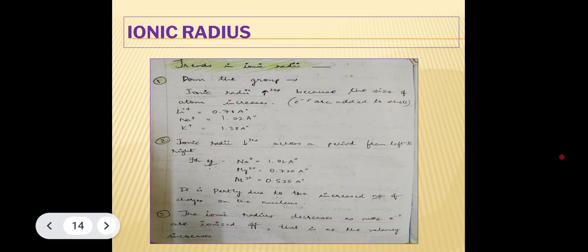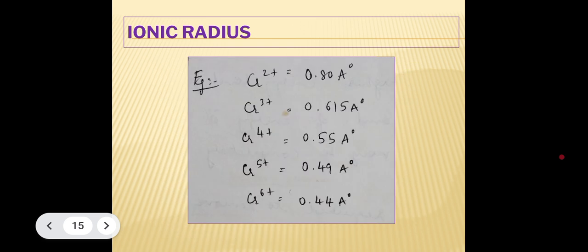The third one: ionic radius decreases as more electrons are ionized off, that is, as the valency increases. Example: Cr2 plus is 0.80 angstrom, Cr3 plus is 0.615 angstrom, Cr6 plus is 0.44.